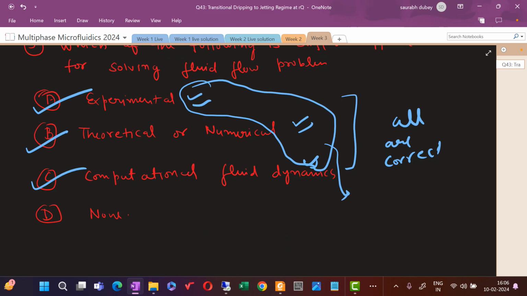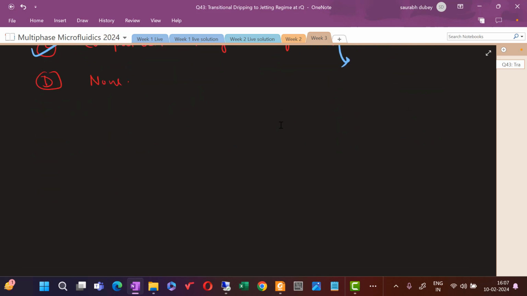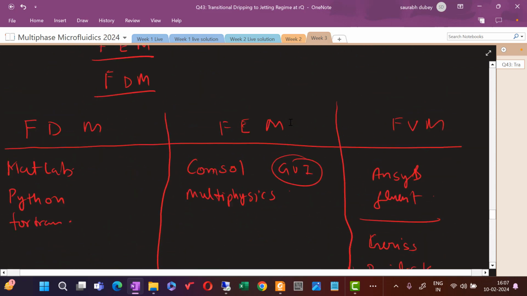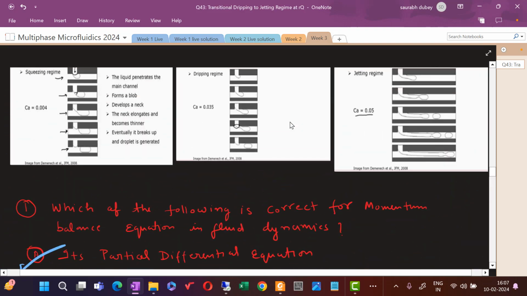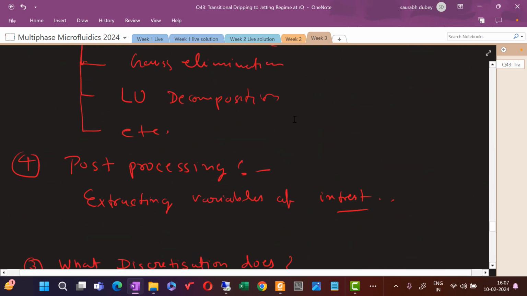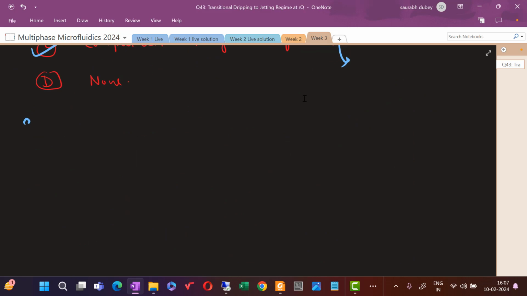And if you solve them, then there will be different conditions. I think we have solved up to the seventh, so let us solve question number eight.